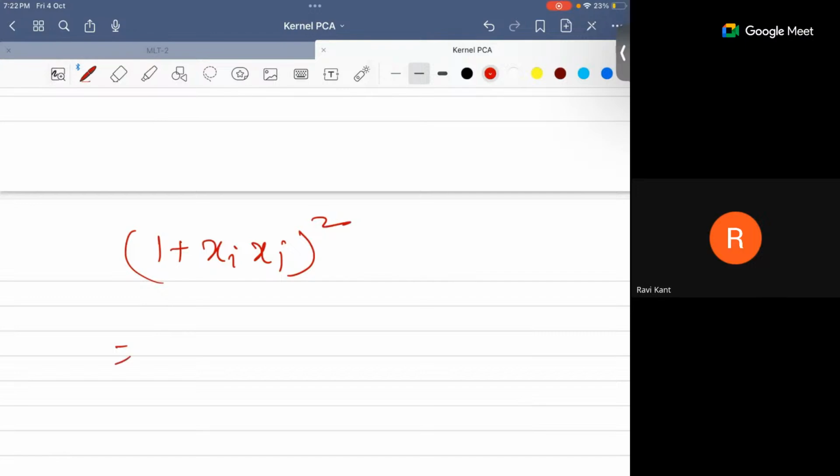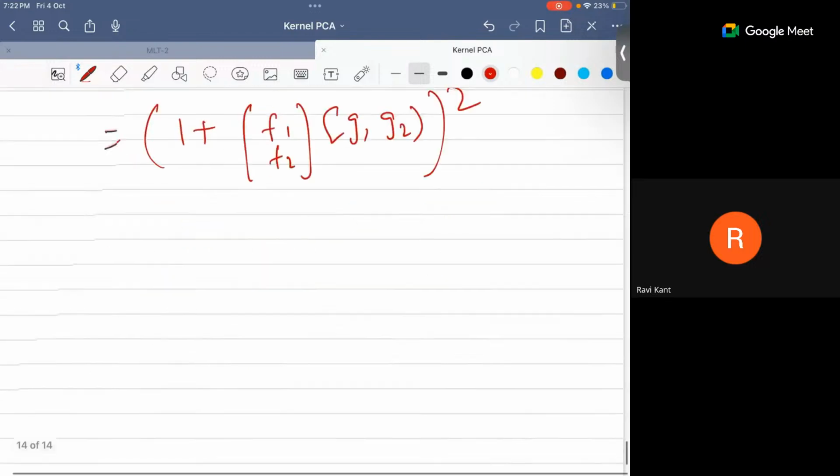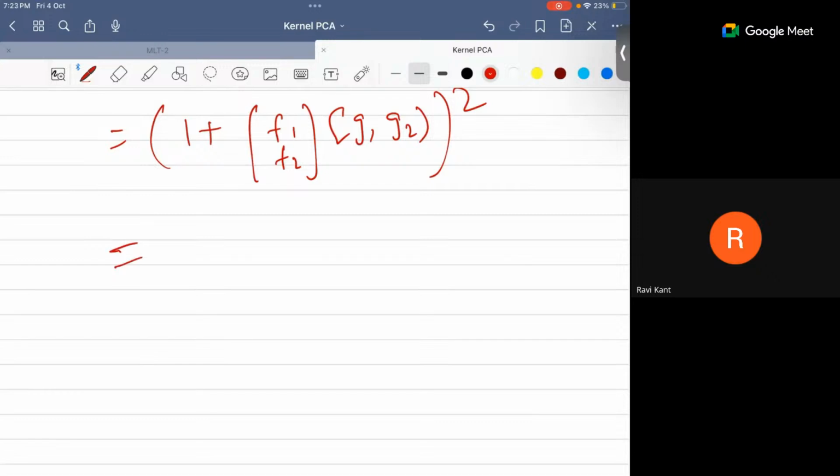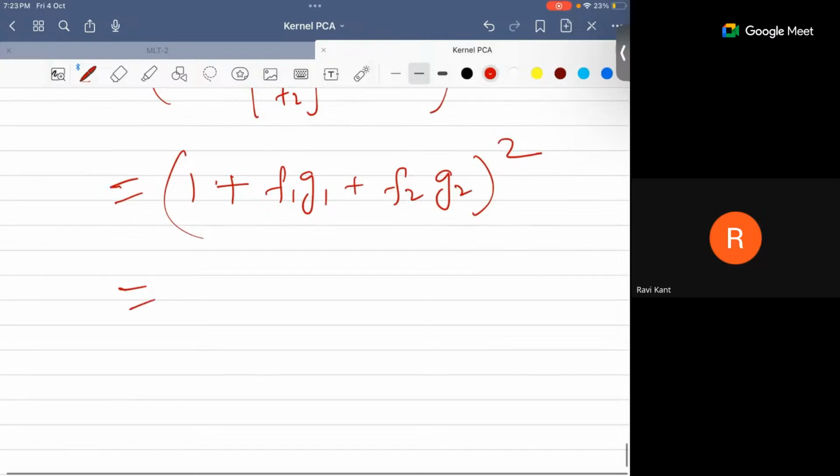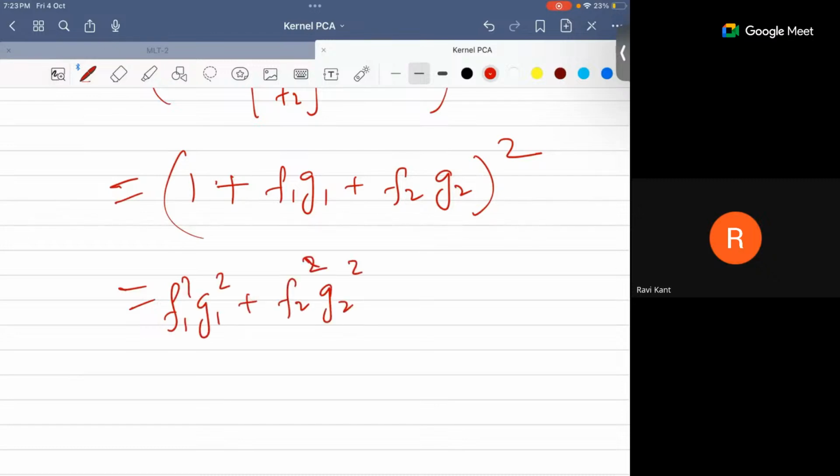So if we take 1 plus, one vector f1 f2 and the other g1 g2, the whole squared, what will we get? (1 plus f1 g1 plus f2 g2) whole squared, right? Here we get f1 square g1 square plus f2 square g2 square, and 1 as a constant.